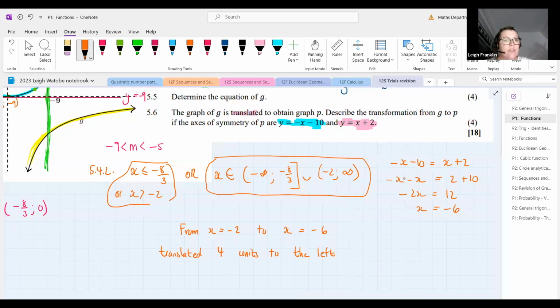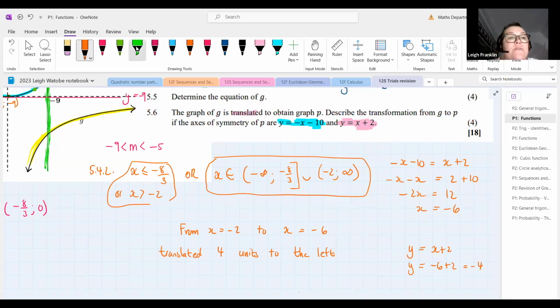Where were we sitting? We were sitting at -9. So let's just work out what y is equal to. If y is equal to x plus 2, then y would be equal to -6 plus 2, which would be -4.